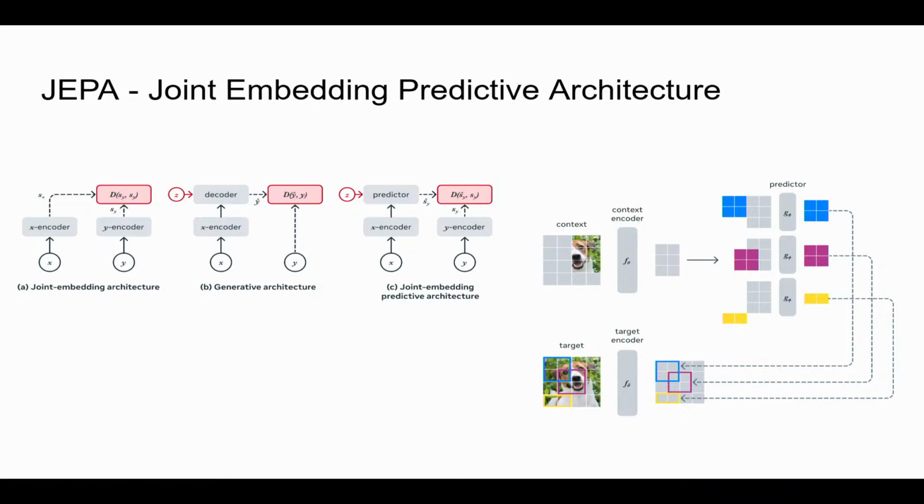And then you have JEPA, Joint Embedding Predictive Architecture, which has an encoder. Usually I have X and Y encoders, in fact, they are the same networks. You encode X, predict, and create some embedding. And then you take some other information, this Z, that could be extremely trivial. It just tells me, for example, what I want to predict.